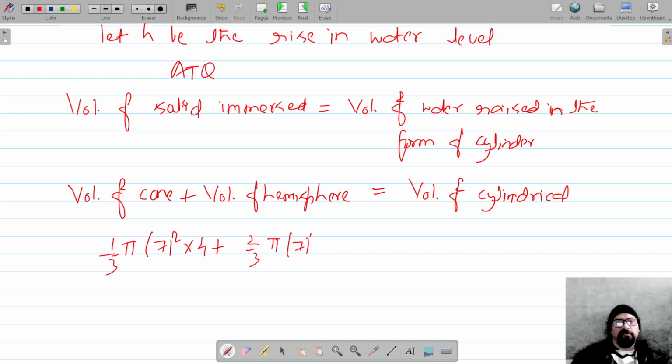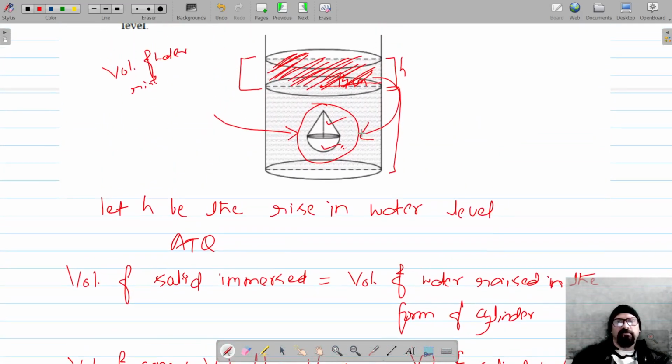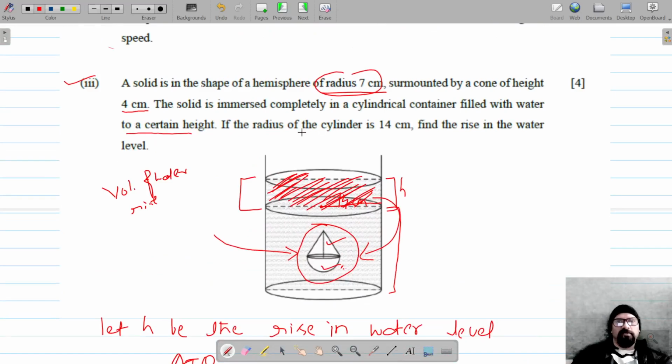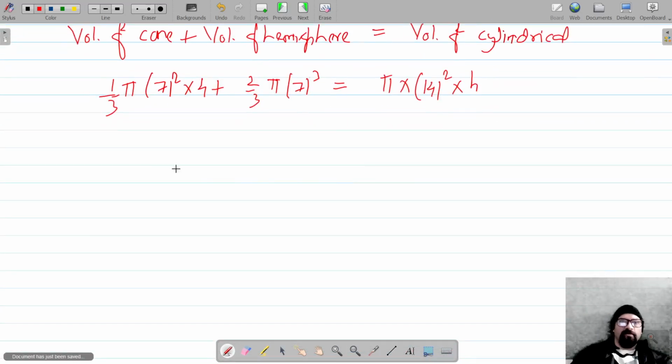Radius is 7, so 2 by 3 pi 7 cubed. Equal to pi into radius 14 squared, and h be the height of the cylinder. So radius is 14 centimeter. Okay, which gives me pi and 7 square is common.